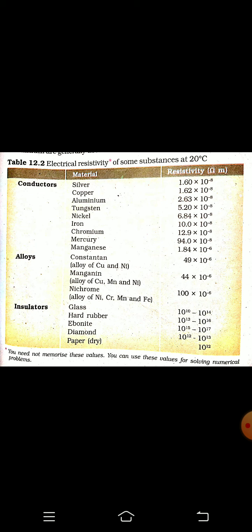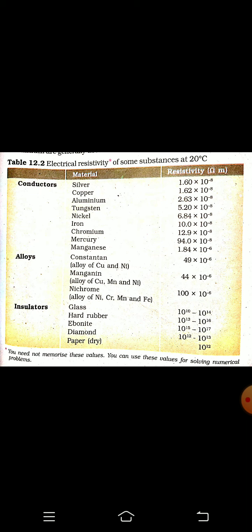Tungsten is used almost exclusively for filaments of electric bulbs. What is a filament? I'm sure you all have seen a thin metal wire in an electric bulb, which transfers electrical energy to light energy, and as a result the bulb glows. So a filament is a thin wire in the bulb.